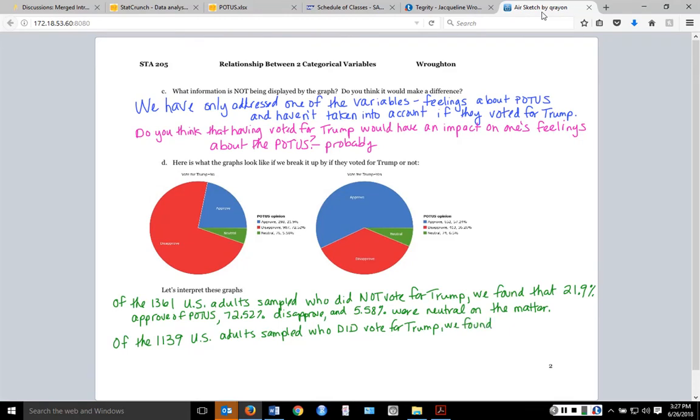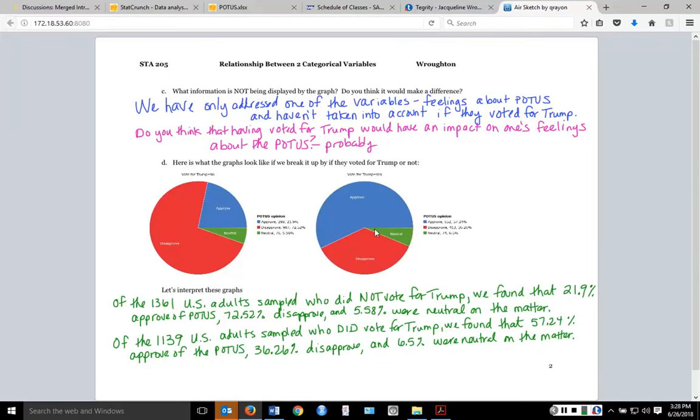In this group, we found that 57.24% approve of the president, 36.26% disapproved, and the rest, or 6.5%, were neutral. So just interpreting each pie chart separately there.